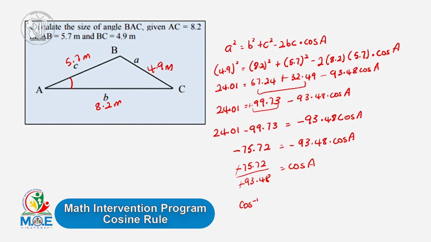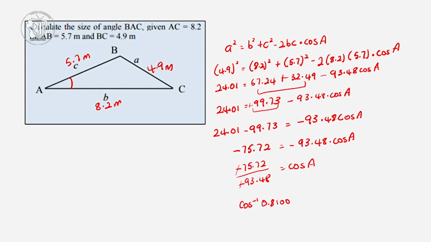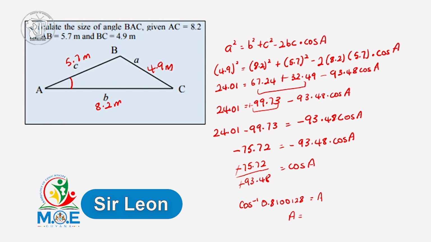So let's divide this one time. So 75.72 divided by 93.48. That would give us 0.810012. That is equal to cos A. So we can say therefore A is equal to, we punch this in our calculator, second function cos, which will give us cos inverse.